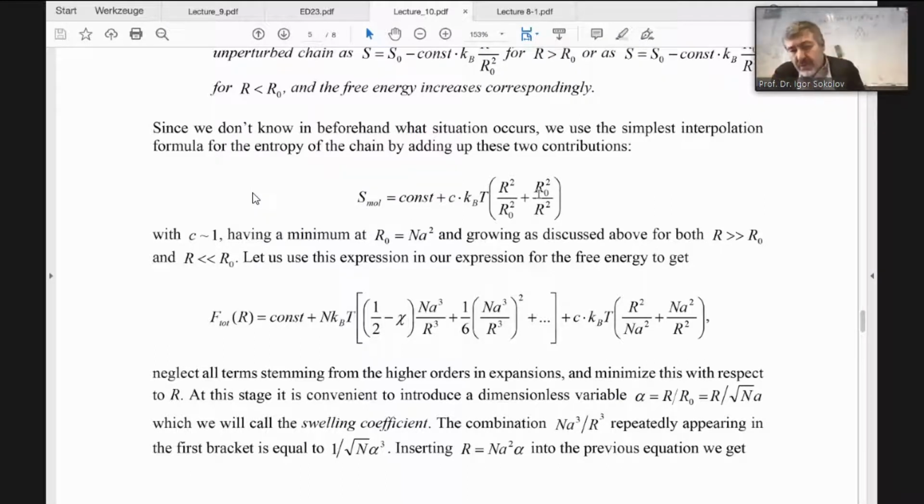I'm not quite sure that for R of the order of R0, the prefactor here is correct. Maybe they are mixed slightly differently. But the asymptotic behaviors of very large R and of very small R, in which cases the entropy grows, this parabolic-like behavior, is reproduced correctly.